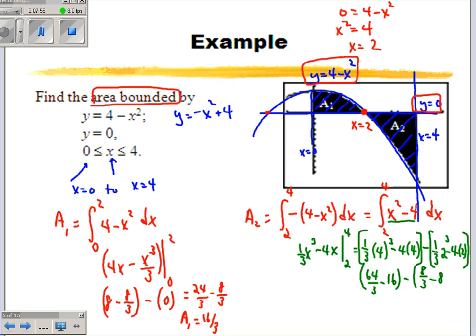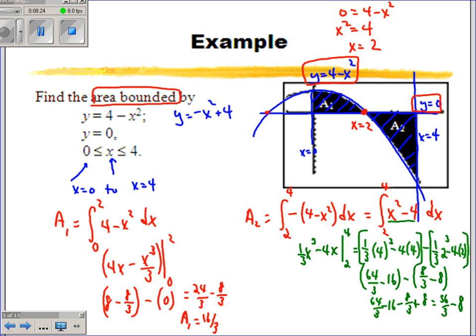minus 8. Now I can get common denominators in two places. What I'm going to do though is I'm going to go ahead and remove my parentheses, and then I can combine the ones that are already thirds. So I'm going to have 64 thirds minus 16 minus 8 thirds plus the 8, distribute that minus 1 through, and then I'm going to have 56 thirds, and then I have minus 8.